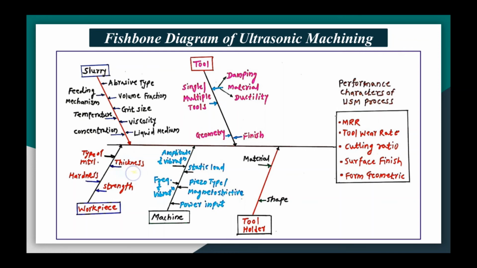Then what is the thickness of the workpiece and what is the strength of the workpiece material will also affect the performance of this ultrasonic machining process. Then amplitude of the vibration is going to affect performance of the process. How much static load is acting will affect the performance.